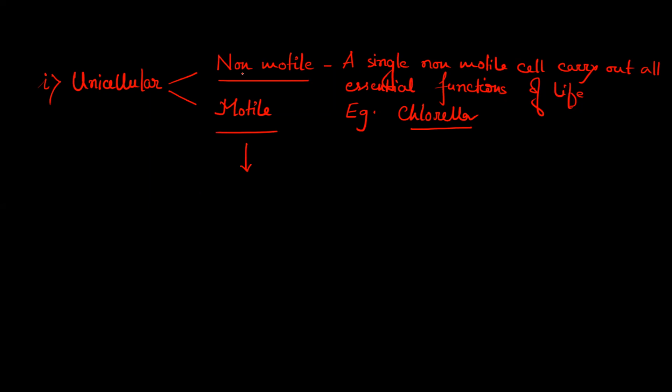See, one thing you must note, non-motile means what? Here, it is very important to mention, flagella are absent. This is what is making them non-motile, isn't it? Absence of flagellum is making them non-motile.